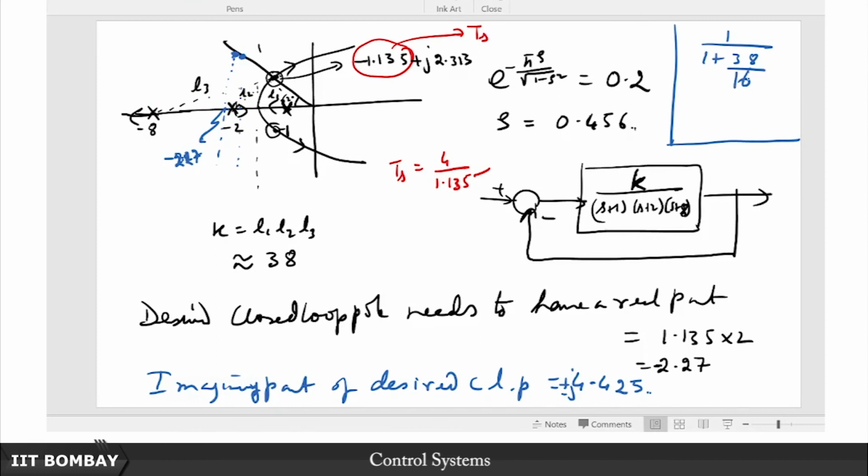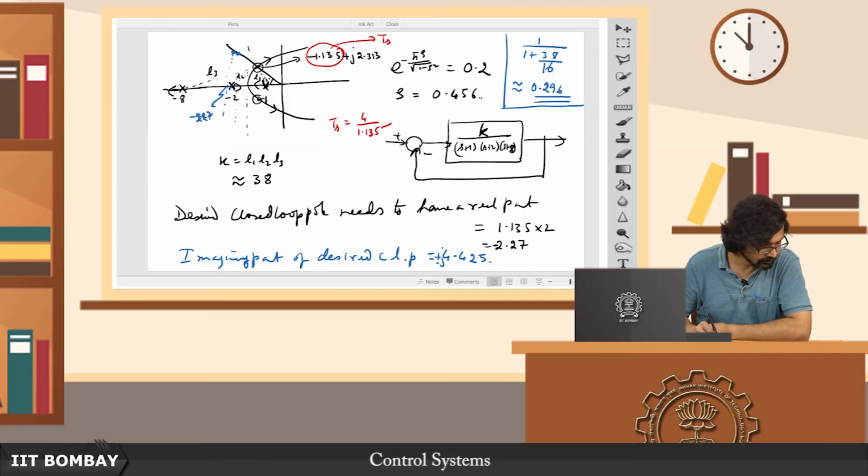This is a little more than 2, so this was almost coming out to be 29.6%. So 0.296 was the steady state error to a unit step. If I have to improve that by 10 times, then I have to get a 2.96% error. So that's got to be my goal.